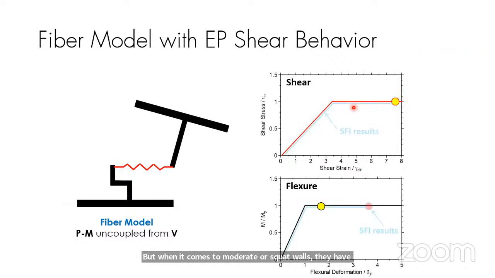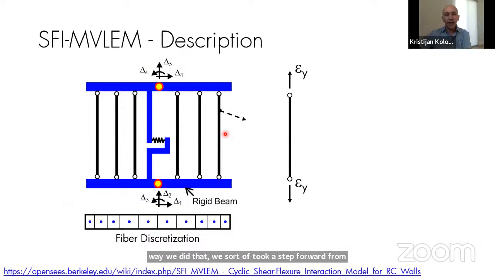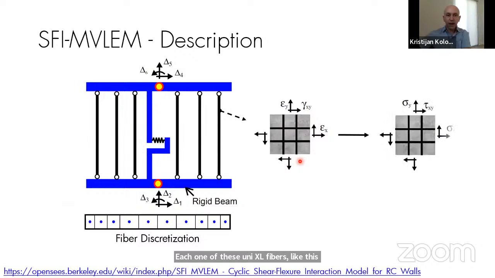So this was the motivation to develop something better that will improve this, and to develop the shear flexure interaction version of this model. That was the next objective in our research. The way we did that, we took a step forward from the original MVLEM concept, and we replaced each one of these uniaxial fibers, with uniaxial strain and stress, with a biaxial material.